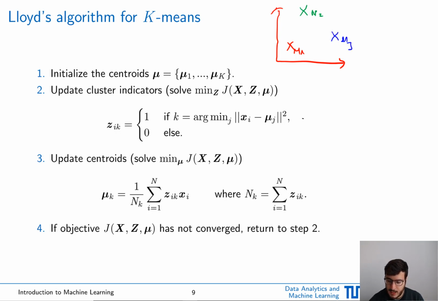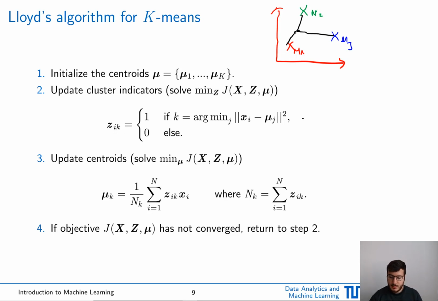Now, keeping the centroids fixed, we want to find the best possible assignment, the best possible cluster indicator for each of our data points. And let's say we just have one data point, and this is this data point over here. So what would be the best possible cluster indicator for this data point if you already know the centroids? Well, the simplest thing you can do is just compute the distances to all of these centroids and choose the smallest one. In this case, this would be the smallest one, right?